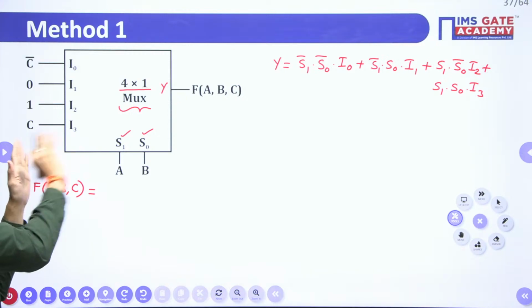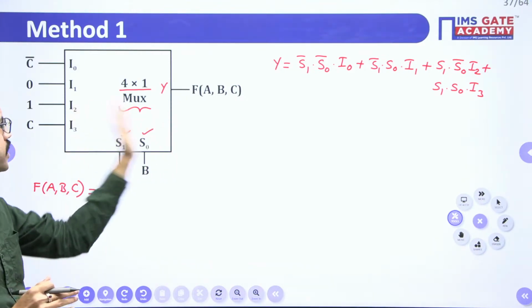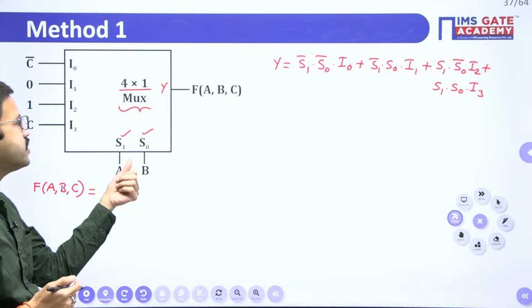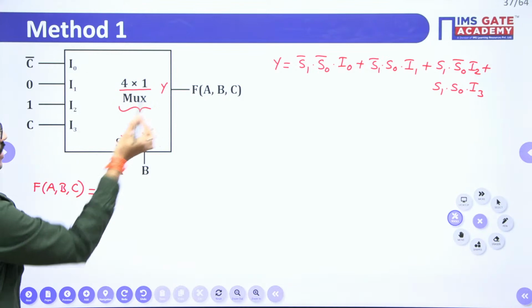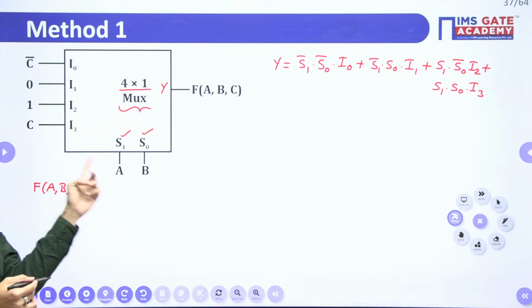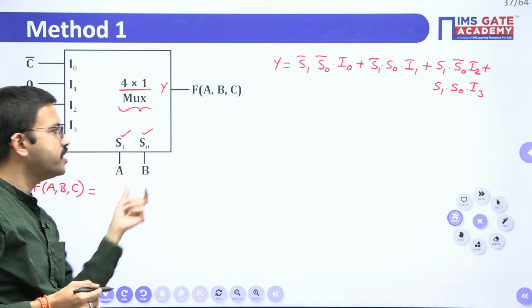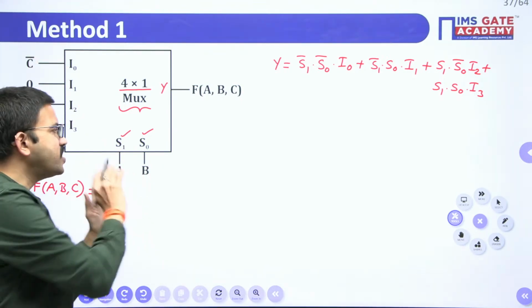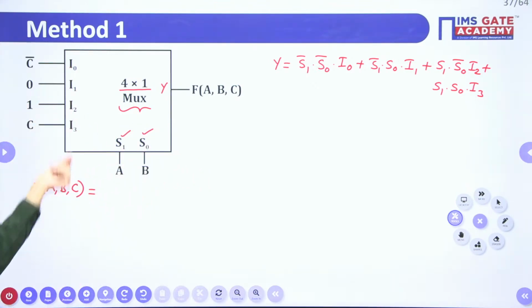Similarly, you will get the similar standard equation with respect to the number of selection lines according to the respective mux. If you are having a single selection line, then if the selection value is 0, I0 will be connected. If the selection value is 1, I1 will be connected. If you are having 3 selection lines, S2, S1, S0, then 8 inputs will be there. Based on the selection line values, just convert into the equivalent decimal. That decimal number will be the suffix.